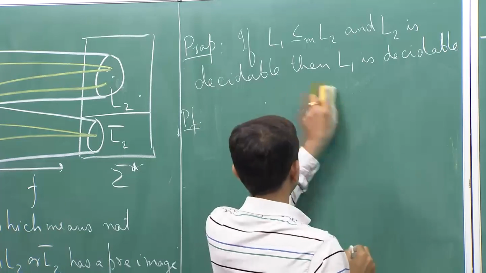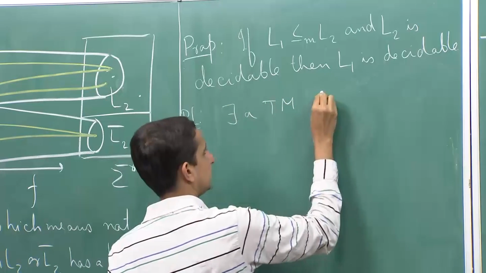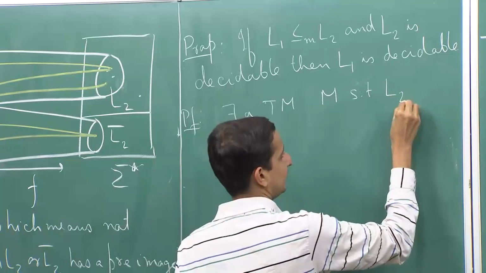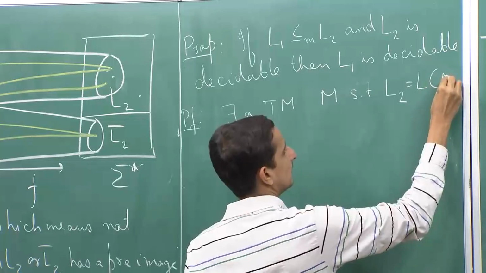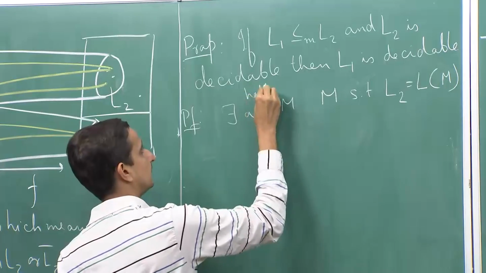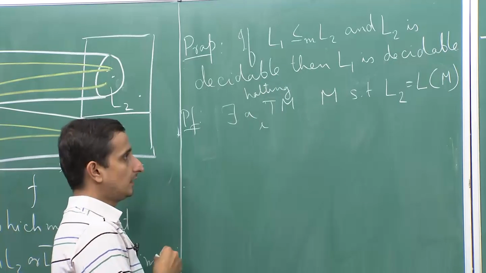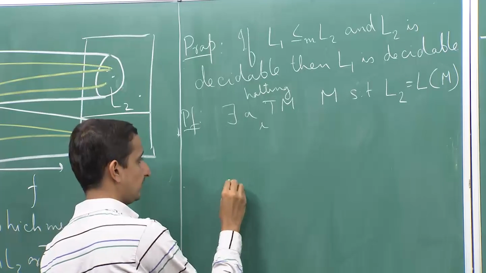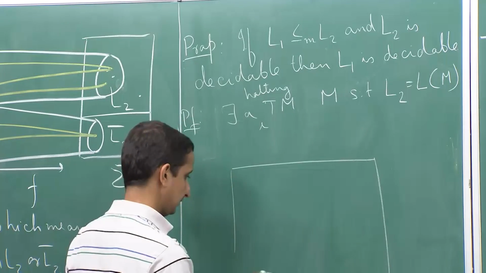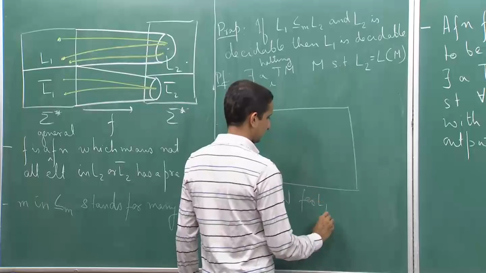So since L2 is decidable, there exists a Turing machine M such that L2 equals L of M, and not only a Turing machine, it is a halting Turing machine. Now we will construct a Turing machine N for L1.